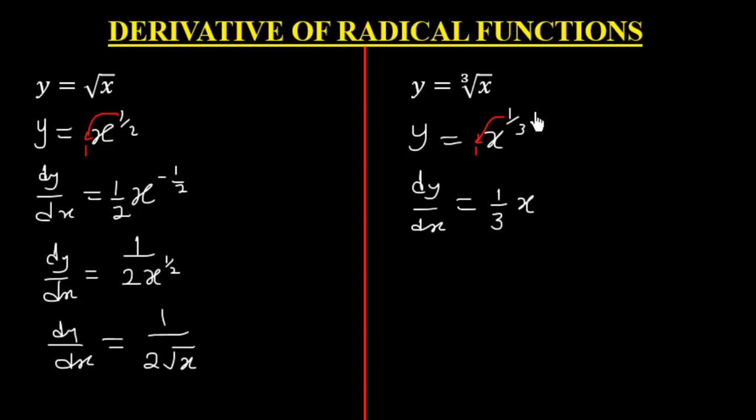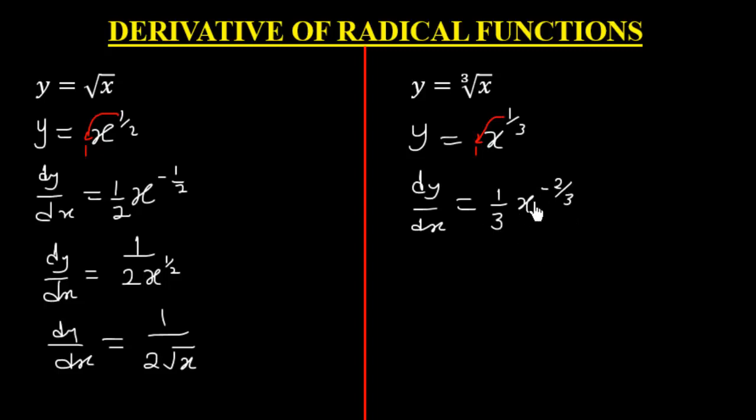Now as we differentiate x to the power 1/3, the exponent 1/3 has to reduce by 1. So 1/3 minus 1 will give us negative 2 over 3. So this is the derivative.